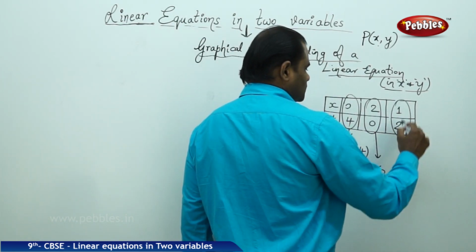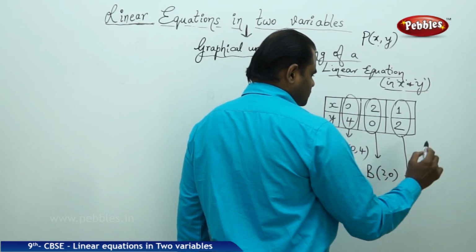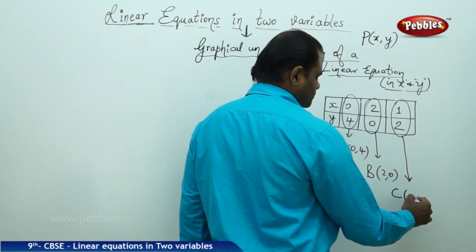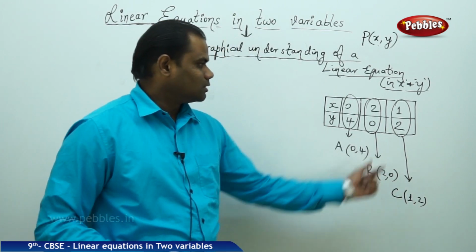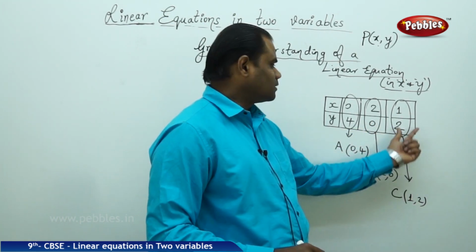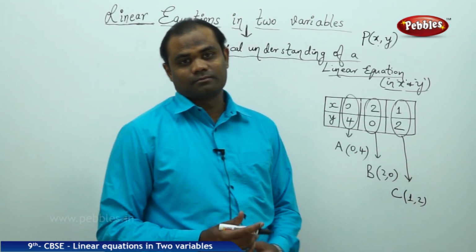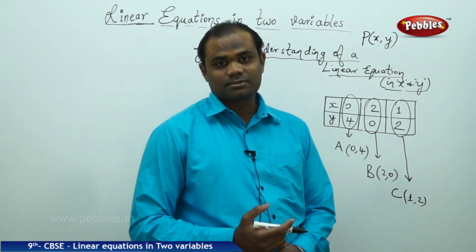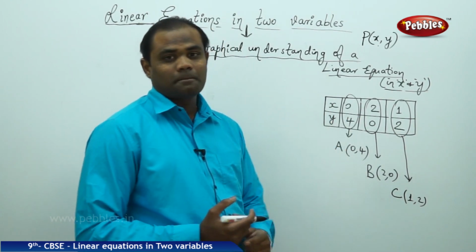Similarly, the coordinates identified through the third column, which is C, are (1, 2): the value of x is 1 and the value of y is 2. This is how we identify the 3 sets of coordinates picked from the table.